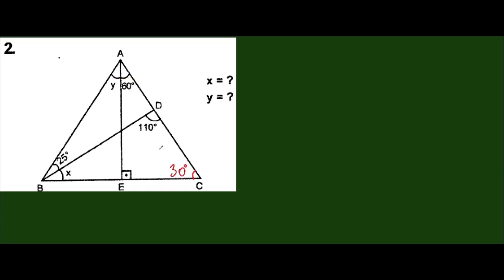From here we can find out x. So x will equal to 180 minus 140, and it will equal to 40 degrees. So x equals to 40 degrees we found, and let's find out y here.